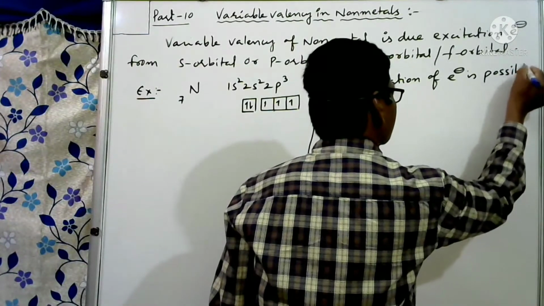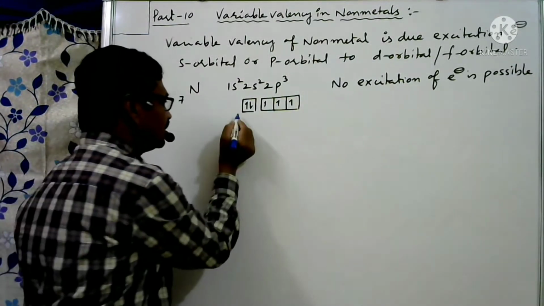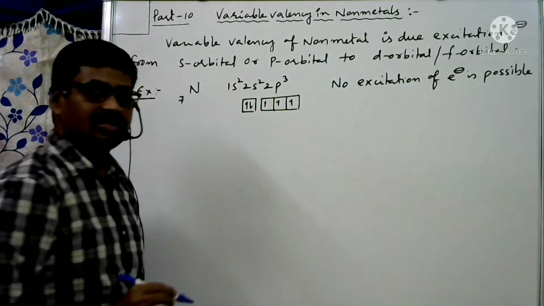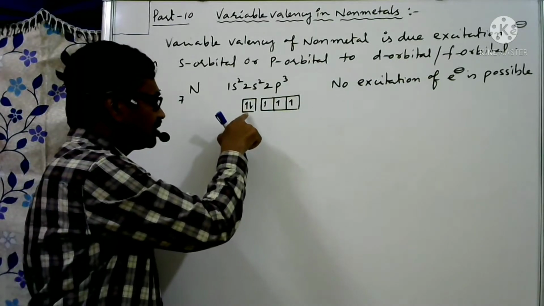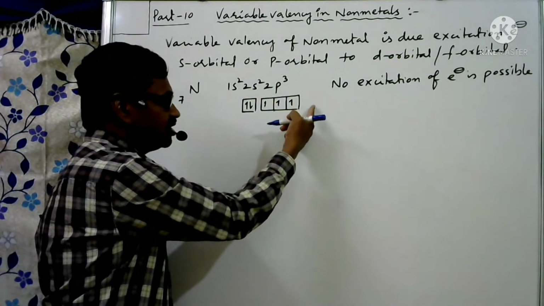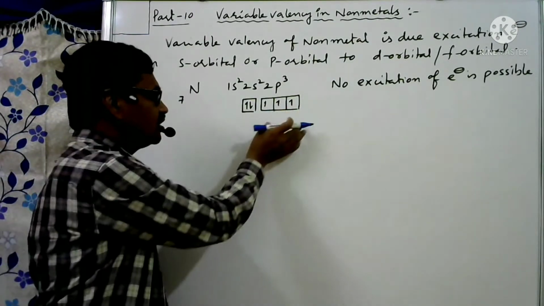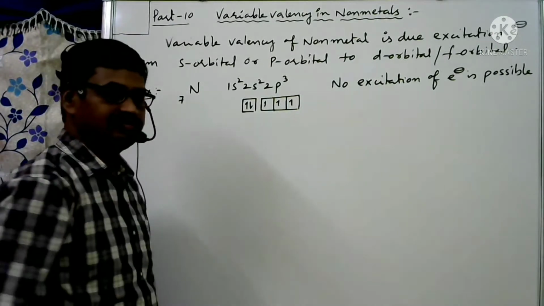Why is no excitation possible? Because here there is no vacant d orbital. The 2s orbital is filled. To excite an electron from the s orbital to another vacant orbital, there should be one vacant orbital. Here there is no vacant orbital, so excitation is not possible for nitrogen.